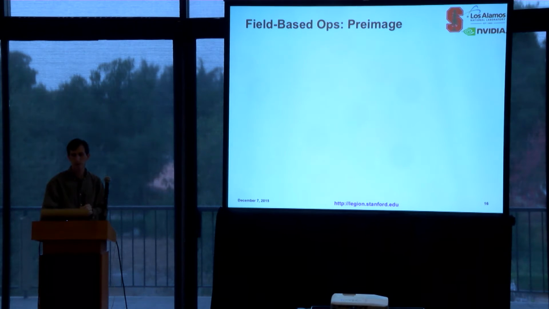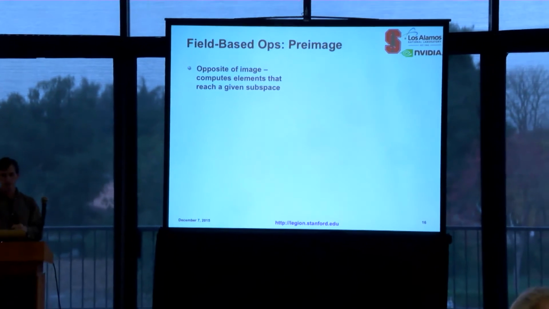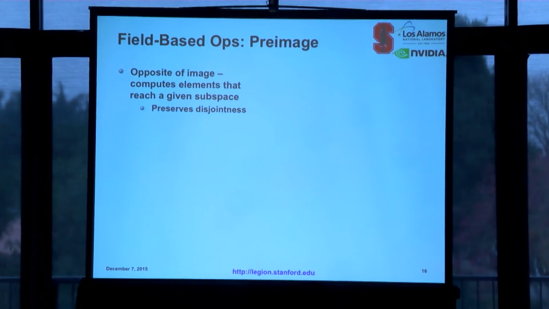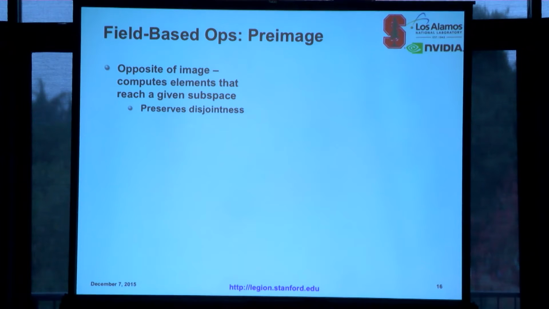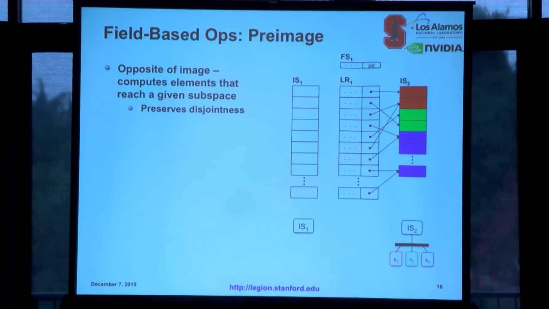OK, pre-image, opposite of image. It computes the elements that can reach a given index space. And actually, to your question just now, this is different because it actually preserves disjointness if the target is disjoint. And it looks very similar. So here's, I think, the same picture. Now I've got some disjoint partition of index space 2. And now the same idea, except I'm going to color the arrows based on what they point at instead of where they point from.